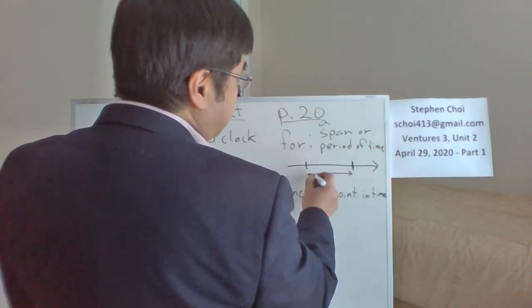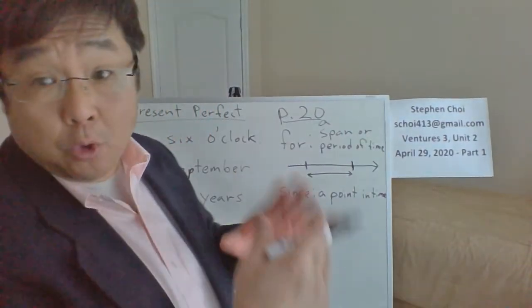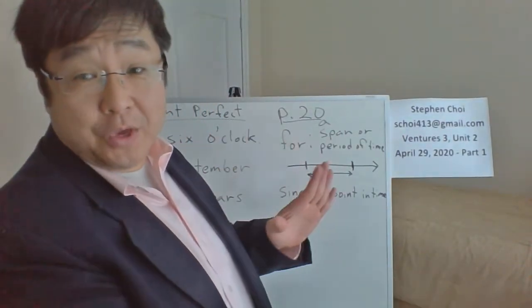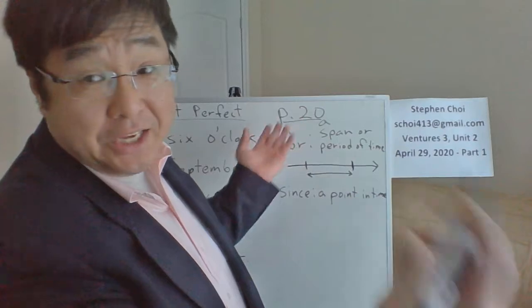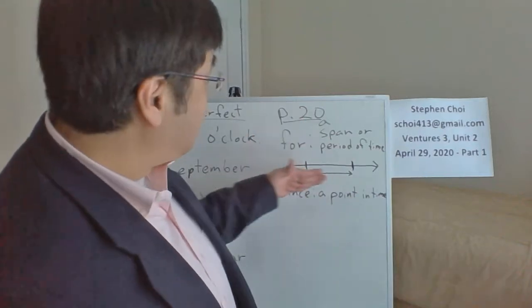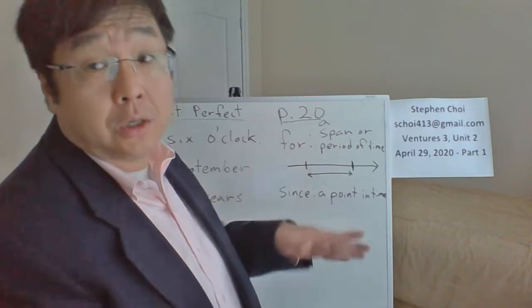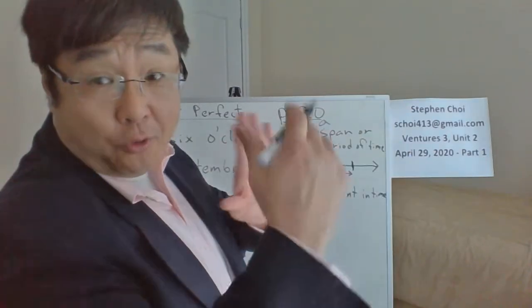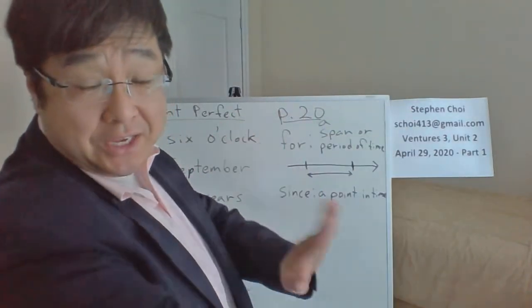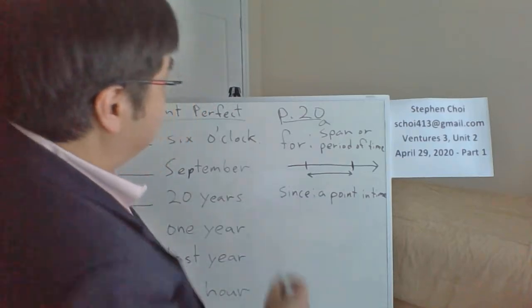That's a period of time. It could be one day, 1 week, 1 month, 1 year, 10 years, 100 years. Okay, so you get the idea. When you say for, for 1 year, 10 years.